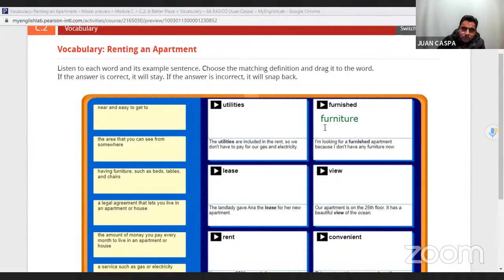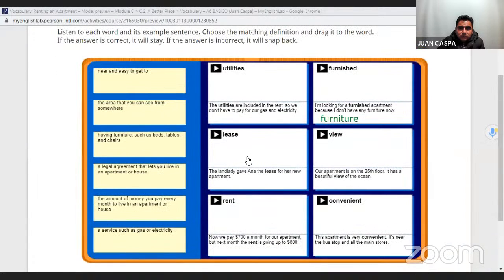Furnished is, of course, equipped, sometimes we say, right? But no, equipped is for machines. House is furniture, furnished. And the other one is a lease, right? Lease. The landlady gave Anna the lease for her new apartment.